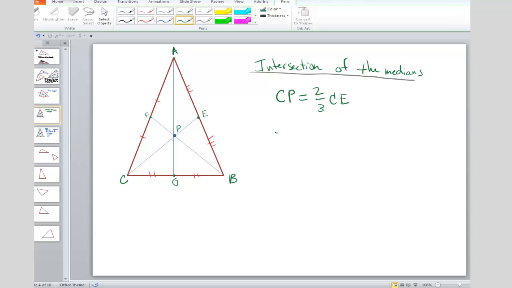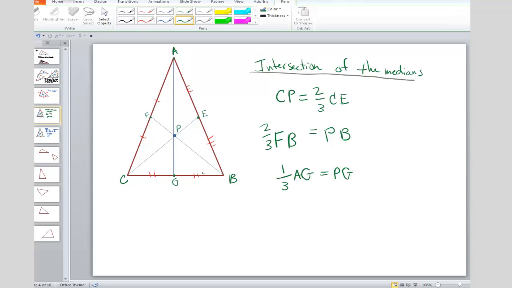And same thing here, we have 2/3 of FB is equal to PB. Okay, we can also say that 1/3 of our entire thing, so let's do the other one, AG, 1/3 of AG is equal to PG. Okay, so this is 1/3 of the entire line.